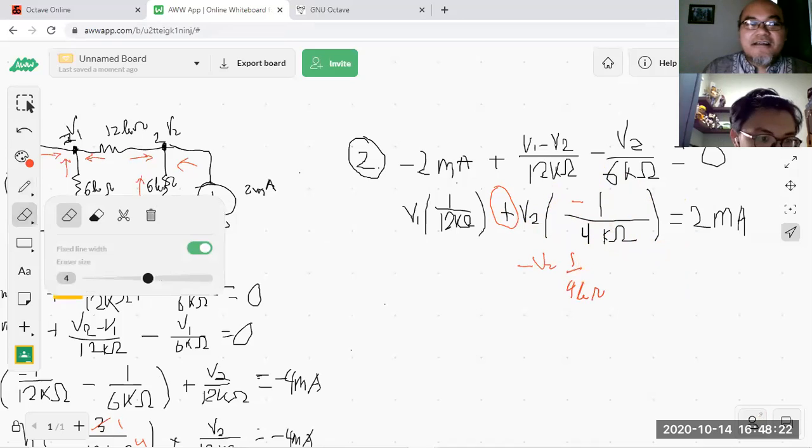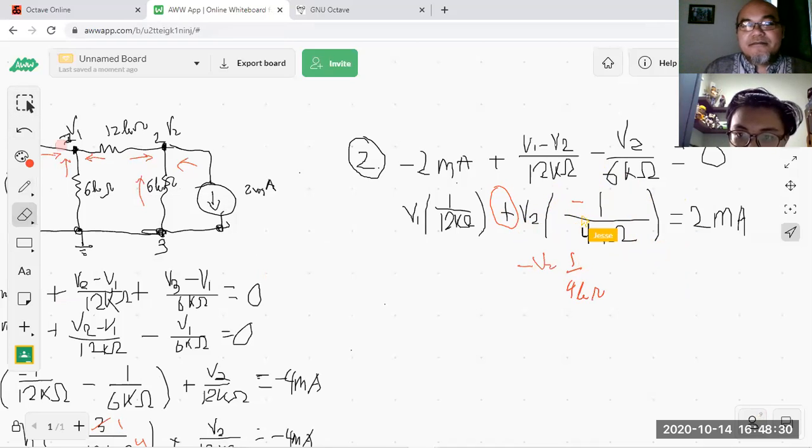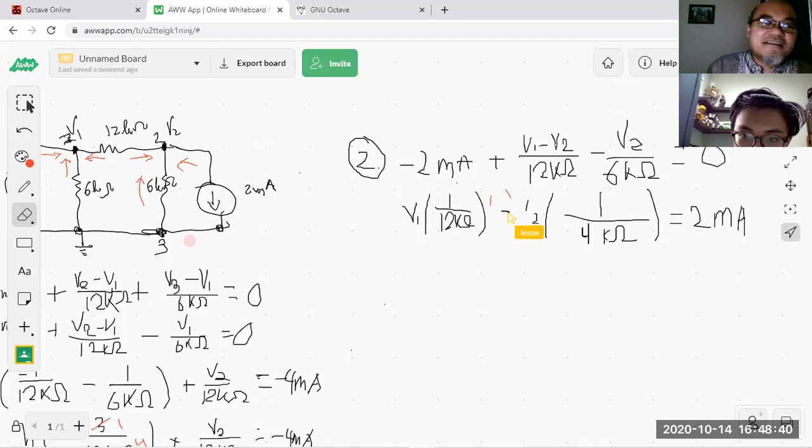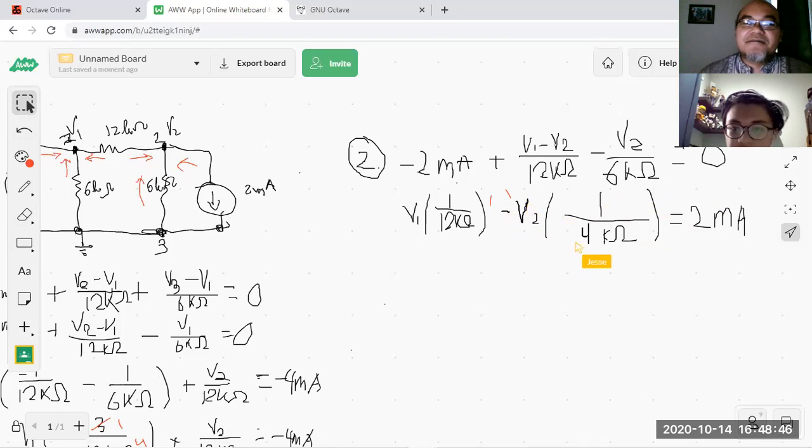Depending on where you want to put your negative sign, inside the parenthesis or outside, as you like. That is also okay.